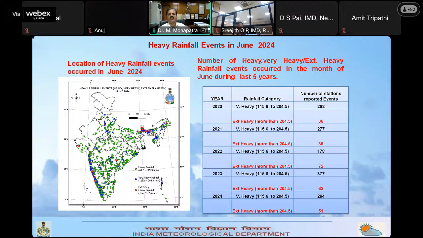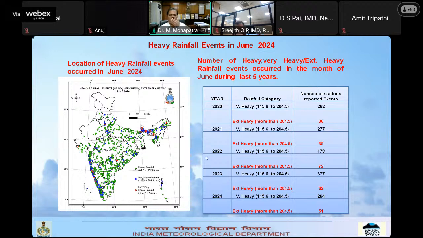This is the area where we got extremely heavy rainfall activity. Another area was the west coast, that is Konkan and Karnataka coast, where we got extremely heavy rainfall activity. And there was another area, that is Delhi, where we got extremely heavy rainfall activity on 28th early morning. Another event occurred in the Saurashtra region in 1 day.